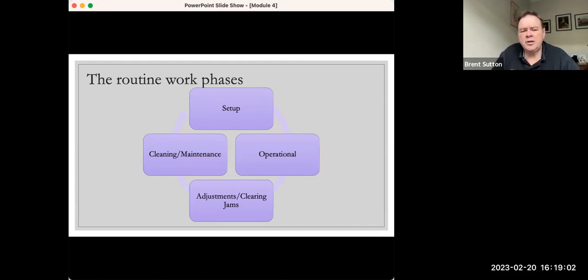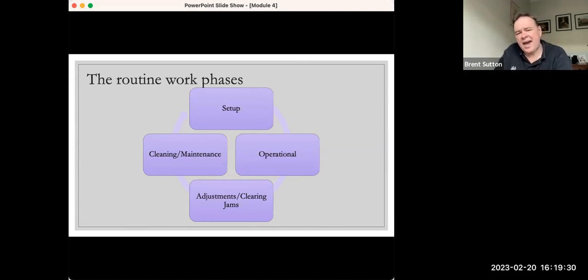Then the third component is we need to think about, are there adjustments that need to happen during that machine process, that little tweaking, or are people having to clear jams? And then is there some form of cleaning or maintenance protocol that is used with that machine? And cleaning and maintenance in particular is when guards may need to be removed. And that's when those risks exist.